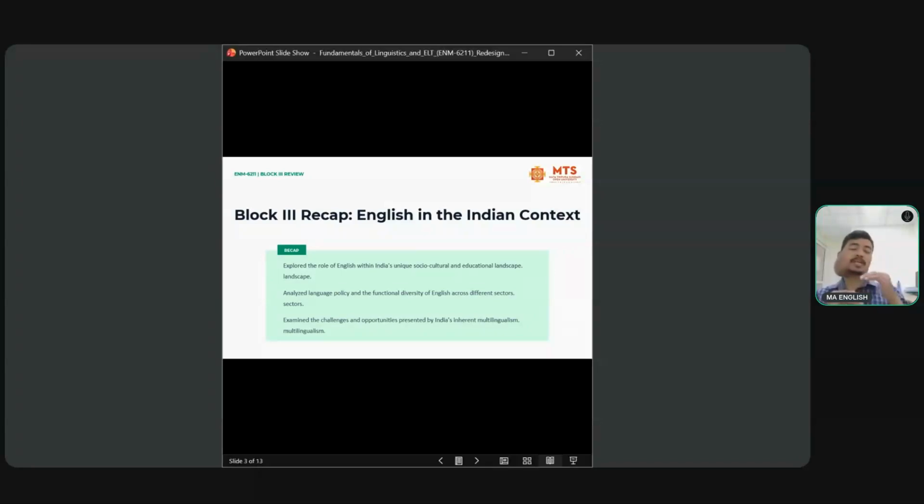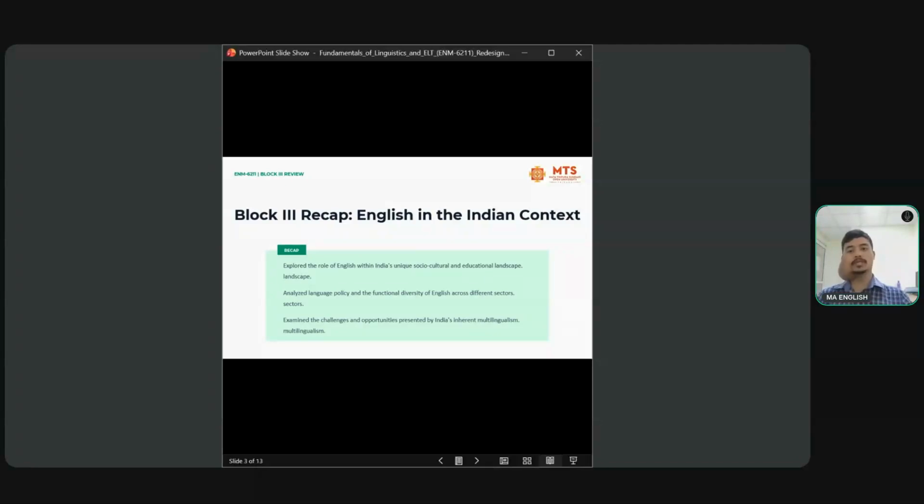This is always a good practice in academic study. Looking back helps us understand where we are going. And for many of you, this review will also help you connect the dots between what you already know and what we are about to learn today.